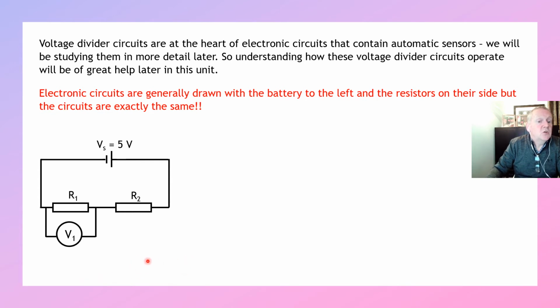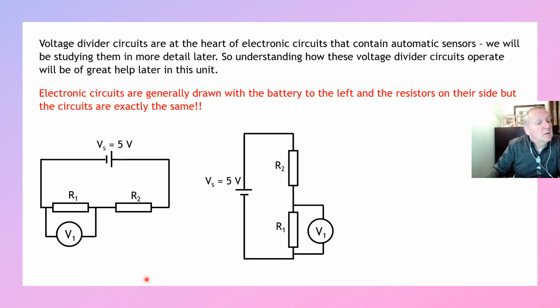So the first stage is sometimes you get the resistors on their side, like that. Now it's exactly the same circuit. You've still got your power supply, you've still got your two resistors, and we're still monitoring that. All we've done is switch that round anti-clockwise 90 degrees.